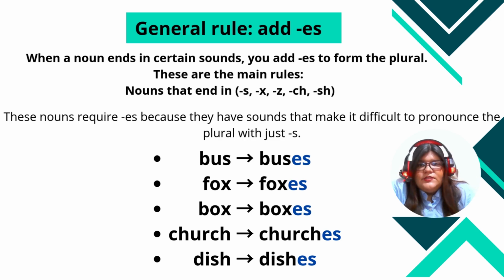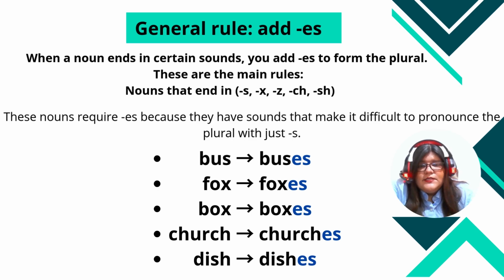These nouns require es because they have sounds that make it difficult to pronounce the plural with just an s. For example, bus is a singular noun, but when we add es, it means that it's more than one, like two buses, a fox, two foxes, or five, 100, it doesn't matter. Es at the end, because the word ends with an x, like the rule says, right?